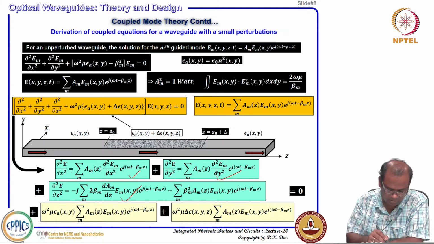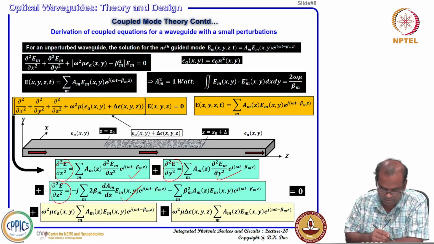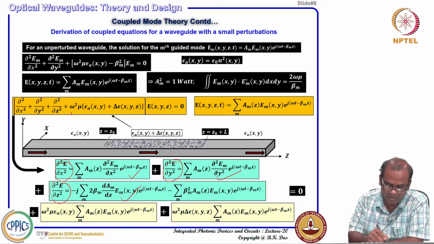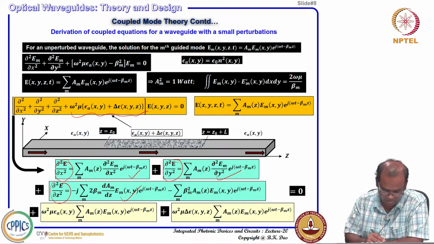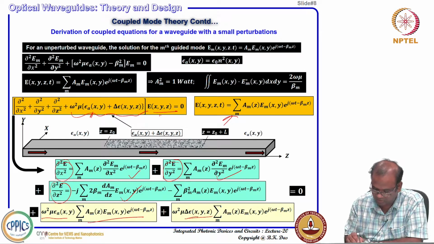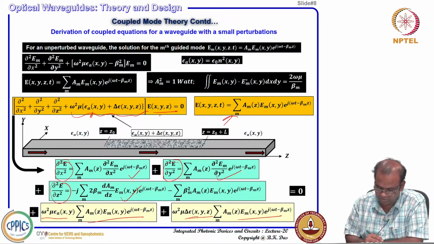So this term is added, this term is added, and this term is added, and then the rest of the part is omega square mu epsilon A times this one, meaning this full function I have just added, plus delta epsilon(x,y,z) omega square mu, the full term I am just writing down. Okay, that is good.